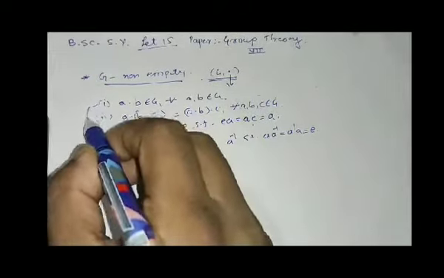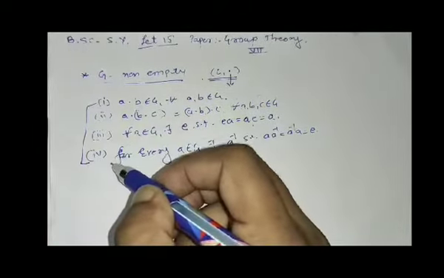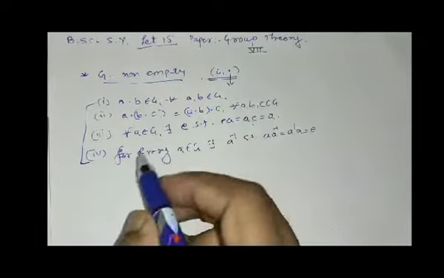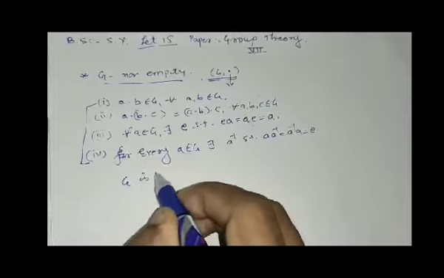If all these 4 postulates are satisfied by any non-empty set G with binary operation dot, then the set G is called a group.